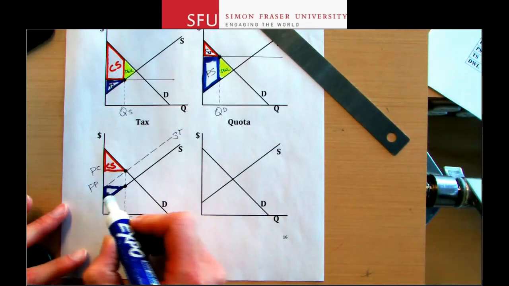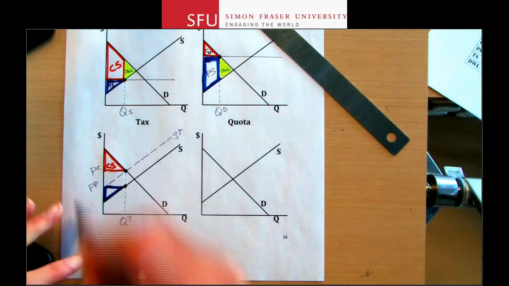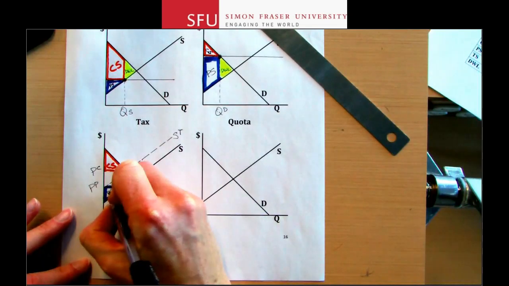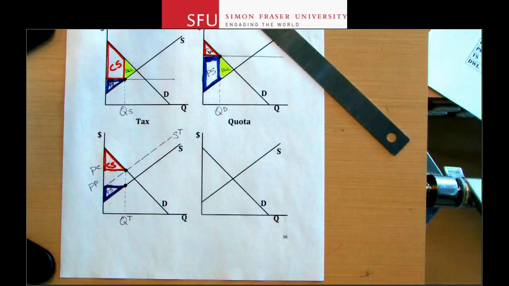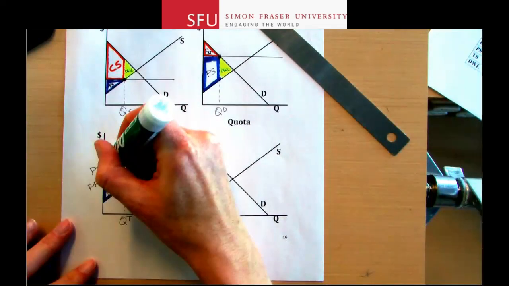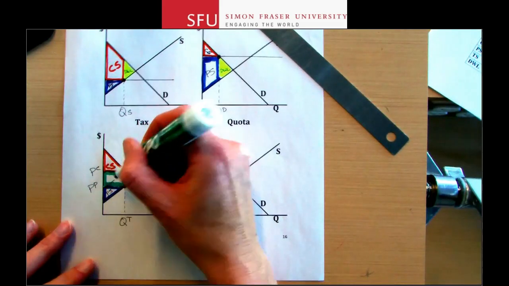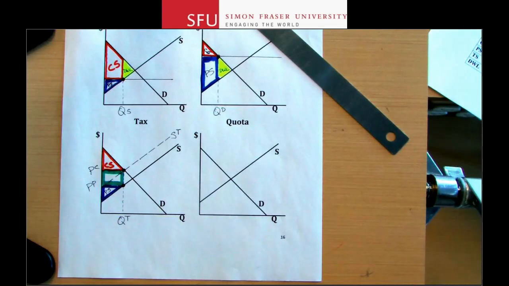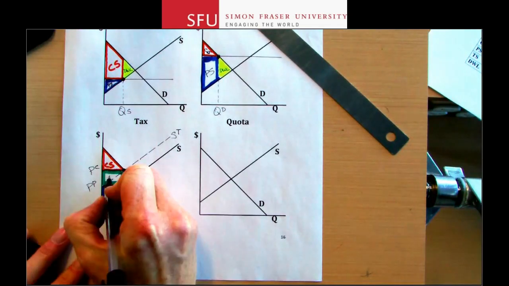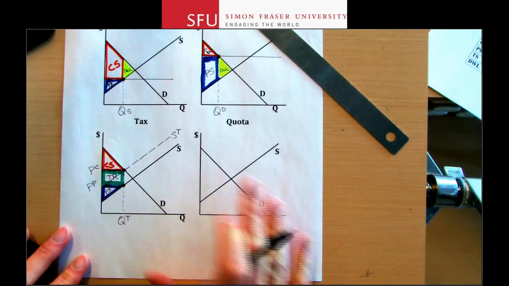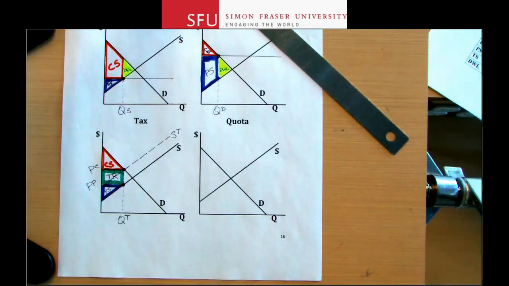So this will be the producer surplus. And then the money in between, of course, goes to the government. So tax revenue and then deadweight loss.